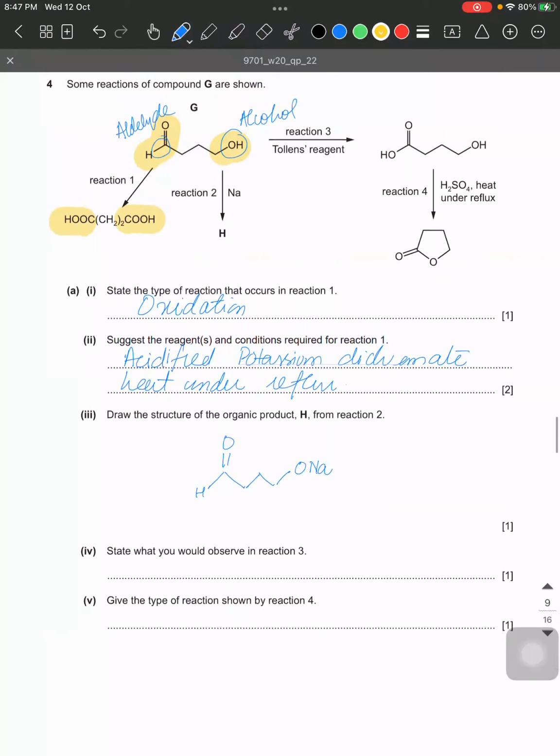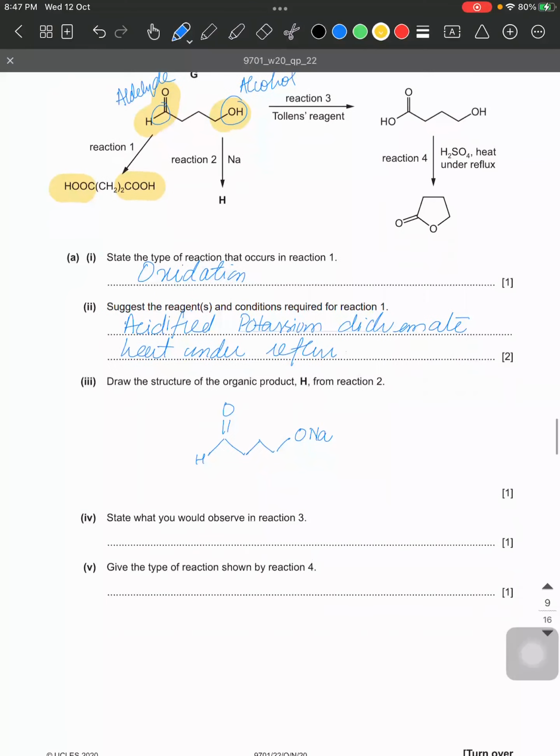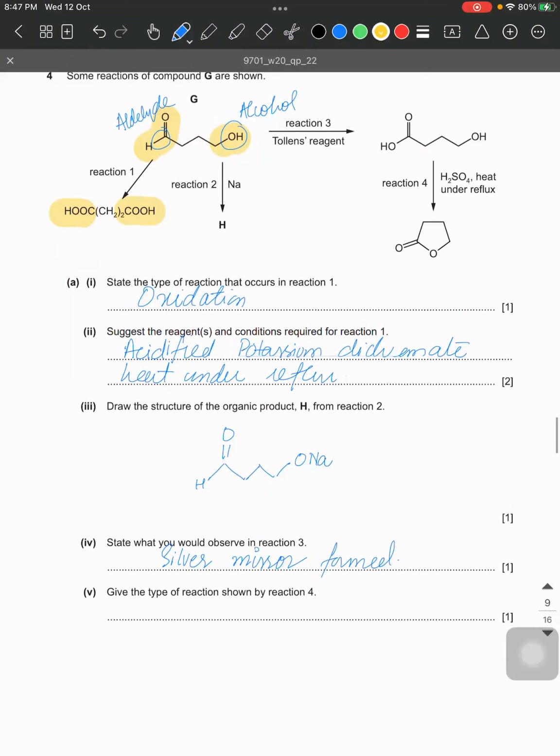Now they are saying state what you would observe in reaction 3. What is reaction 3? We are adding Tollens reagent. Whenever you talk about Tollens reagent, definitely there should be a silver mirror formed, or you can say silver precipitate. Then give the type of reaction shown by reaction 4. Reaction 4 uses sulfuric acid and heat under reflux.